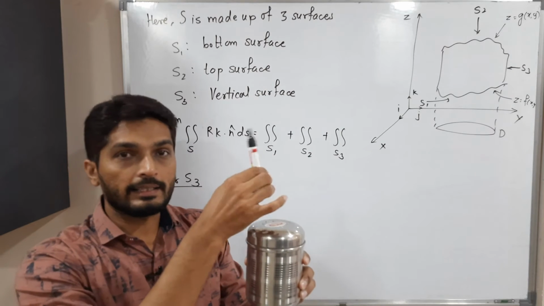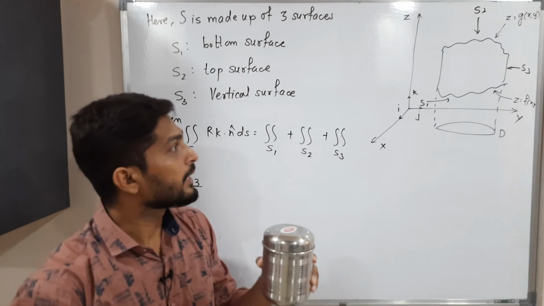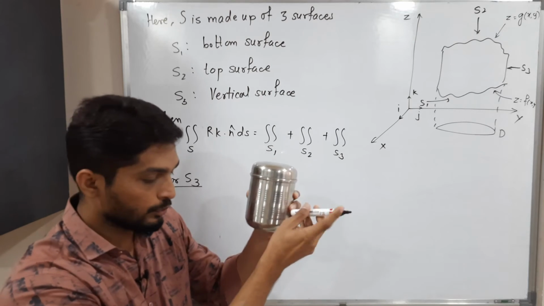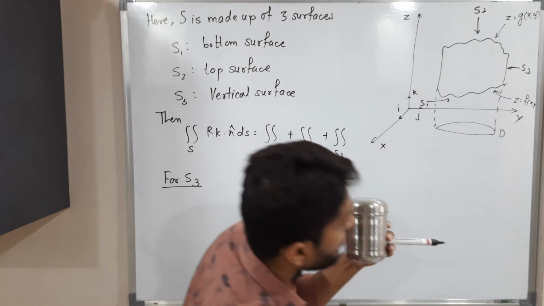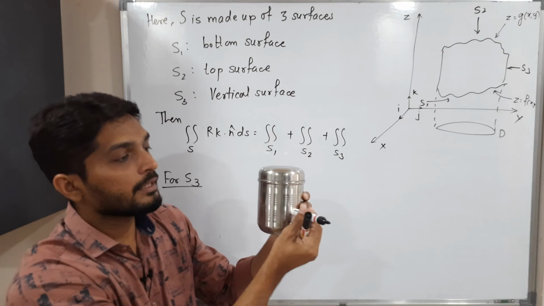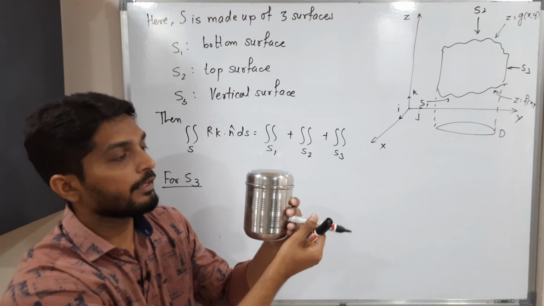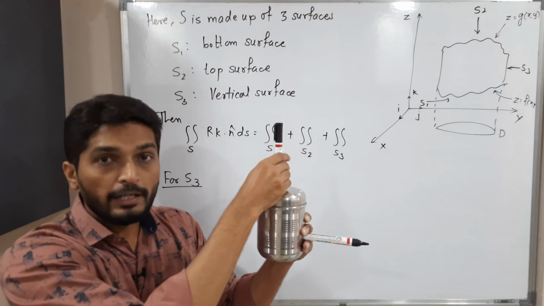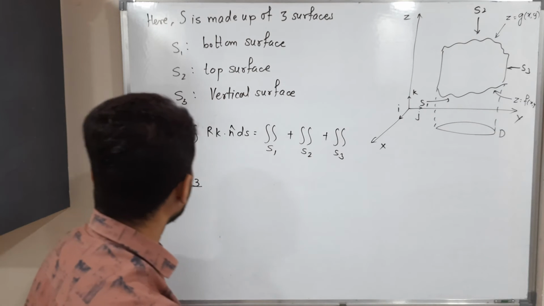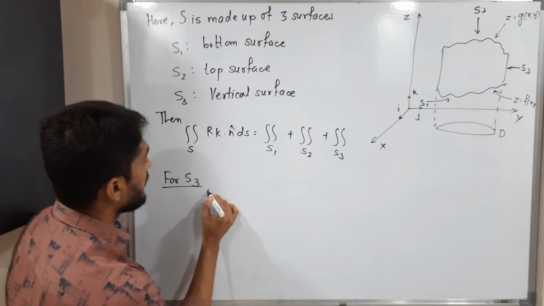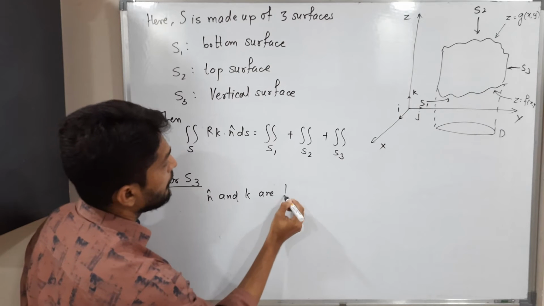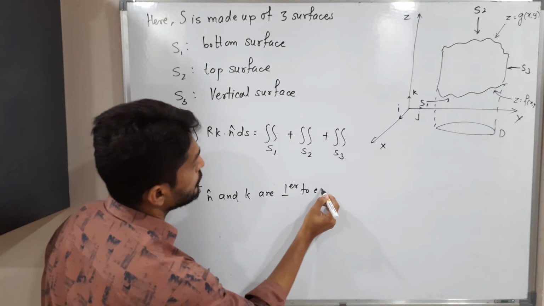So our k is like this, and n cap is a normal vector which will be like this. So let me show here. So n cap will be like this and k will be like this. So if you consider n cap at any point, definitely it will be perpendicular to that k. So here let me mention, for S3, n cap and k are perpendicular to each other.